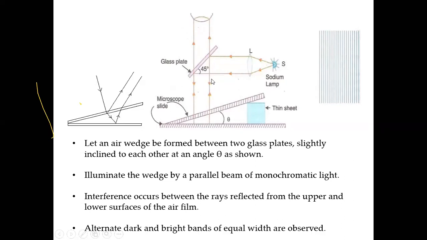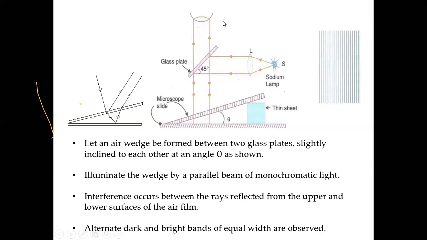The interference pattern obtained in an air wedge would be of alternate bright and dark fringes. As you could see the fringe pattern here, it is of alternate bright and dark fringes. These fringes are of equal widths. Therefore, there is no center for this interference fringe system.